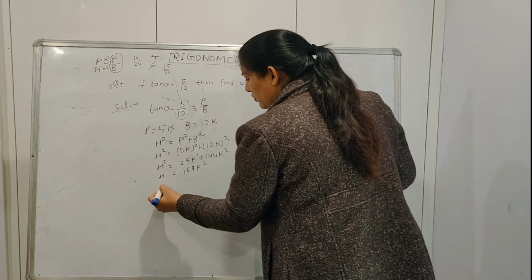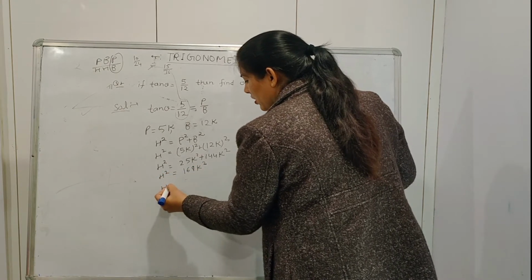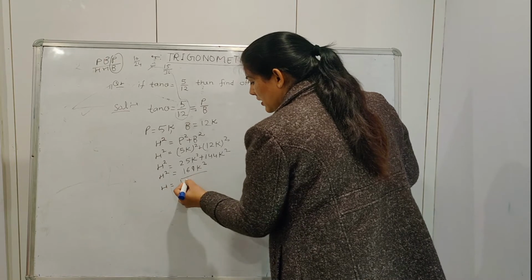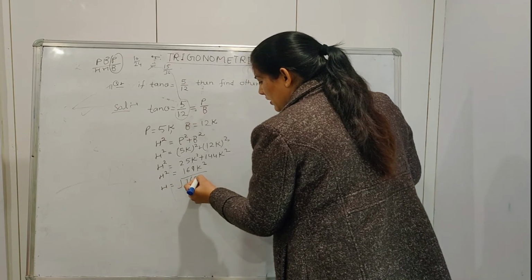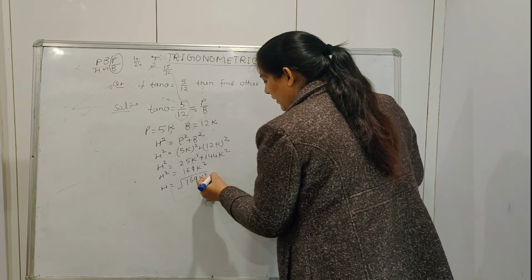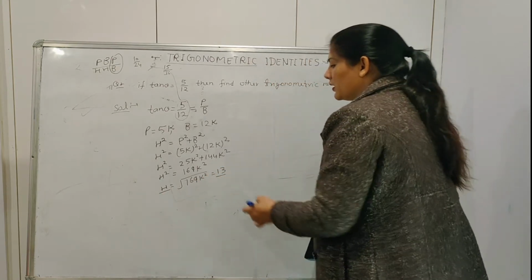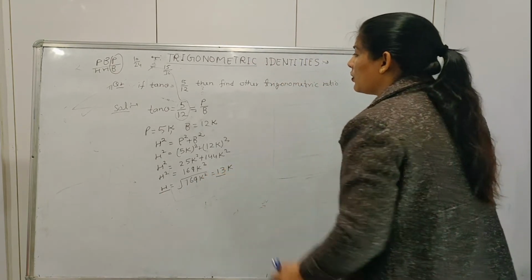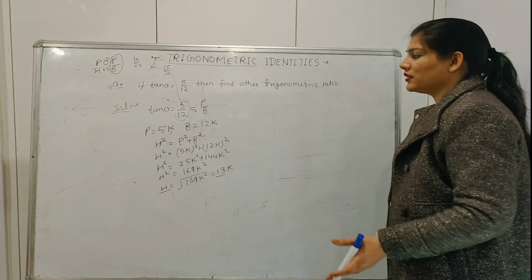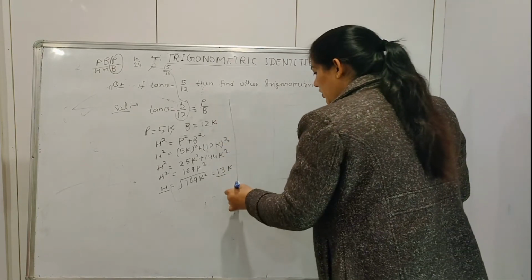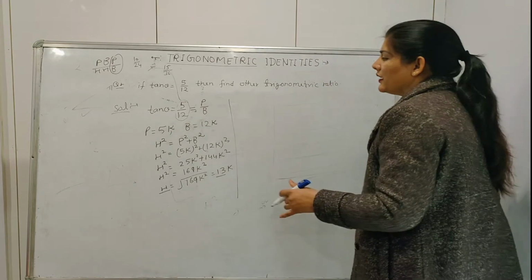And to find h, you have to take the square root of this, which is equals to 13k. So h is equals to 13k. Now you can find the other 5 trigonometric ratios from here very easily.